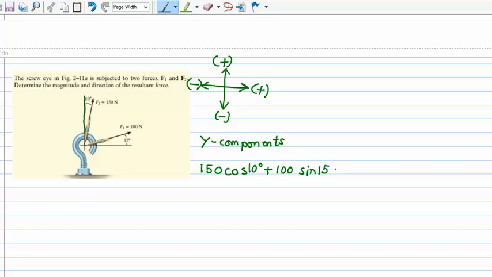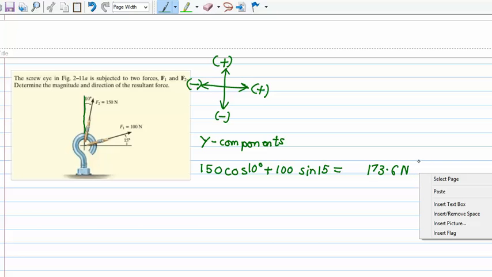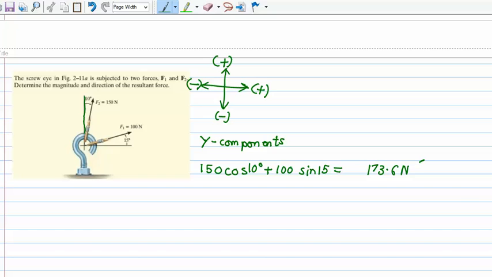Once you add both of these, what you get is 173.6 newtons. And since this number is positive, that means the direction of the resultant y component is going to be in the positive y direction.